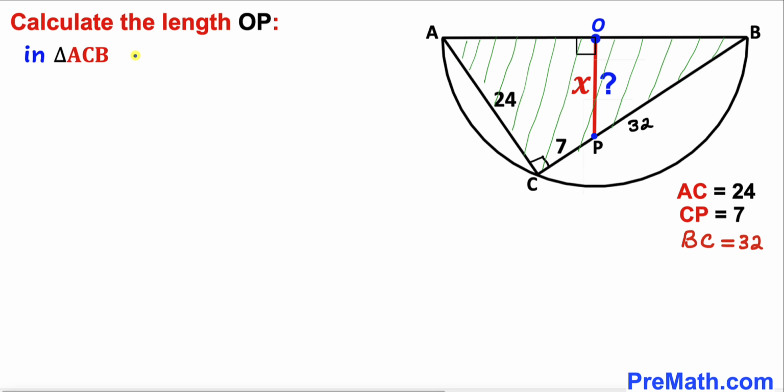Let's focus on triangle ACB, and we know that this is a right triangle. So we are going to use the Pythagorean theorem: a squared plus b squared equals c squared.